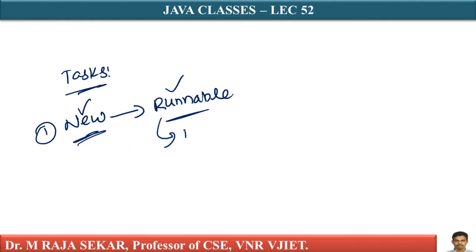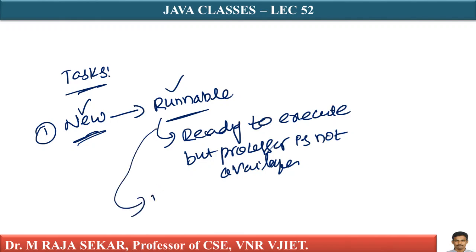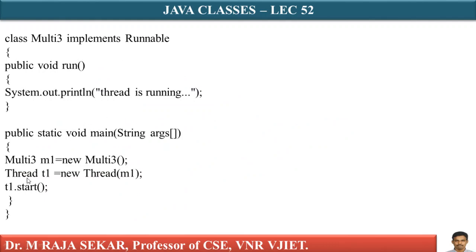Runnable means it is ready to execute, but the processor is not available. Once the processor is available, your thread will move from runnable state to run state. That's what we discussed in the introduction of threads. We will understand all these things with the help of a simple Java program.